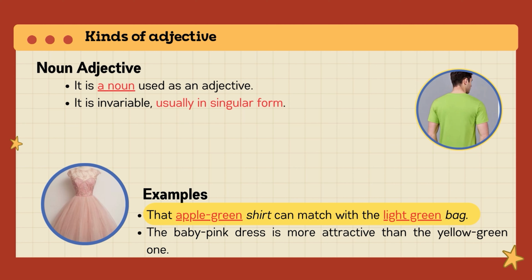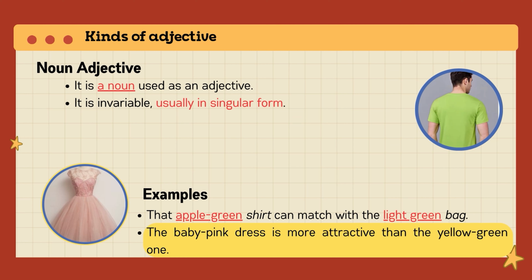Apple green and light green are ranges of greens. It describes how green is this thing, how green is this shirt, how green is this bag. So it was described as apple green and light green. Next, the baby pink dress is more attractive than the yellow green one.